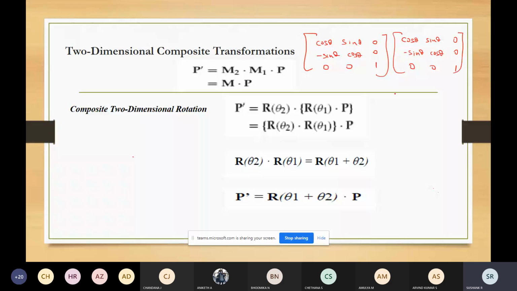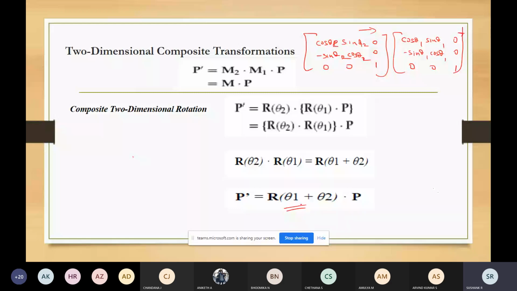Now R of theta 1 means wherever theta is there, write theta 1, and for theta 2, write theta 2. If you multiply these two matrices, you'll get the answer, which is the addition of those two angles. You can try this out.